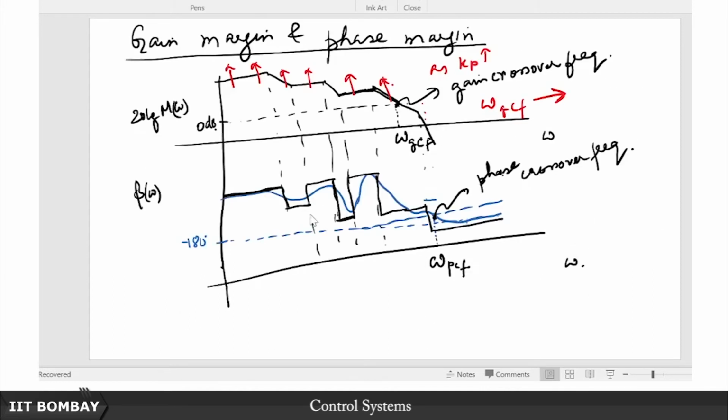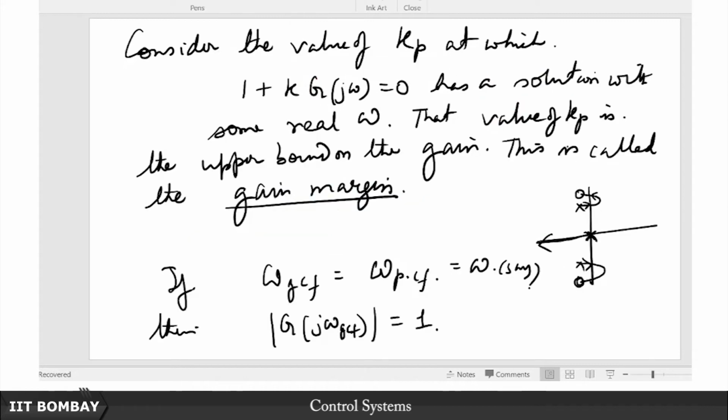And what happens at phase crossover frequency? My goodness, at phase crossover frequency I find that this is 180 degrees. But what is this identical to? At G j omega PCF, the angle is equal to 180 degrees, minus 180 degrees if you like, it is the same.